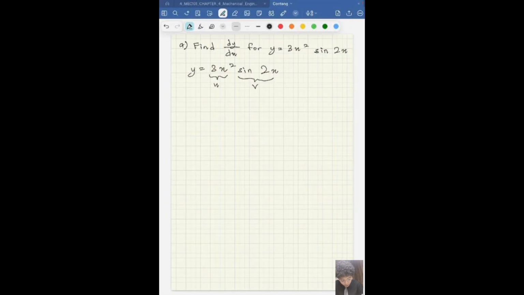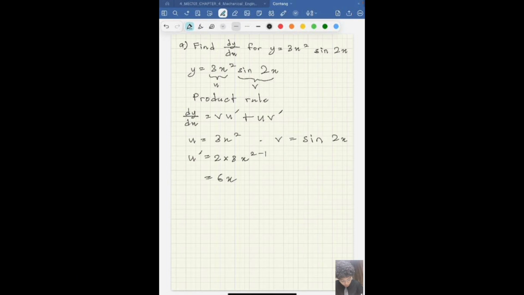After I label the equation, referring to the product rule formula, dy over dx is u v prime plus v u prime. So we need to differentiate u to get u prime. We will get 6x after differentiating it.